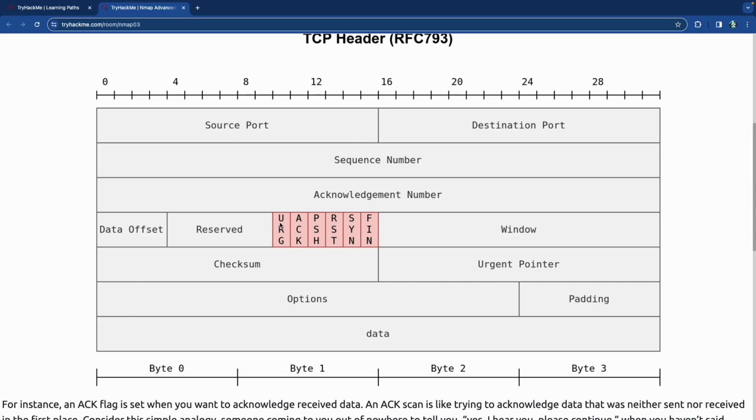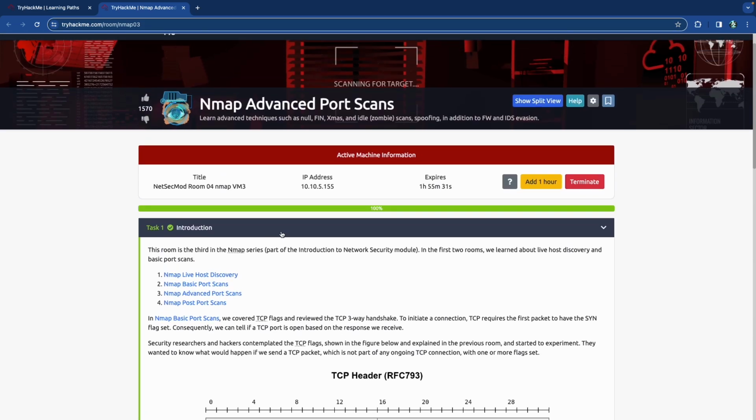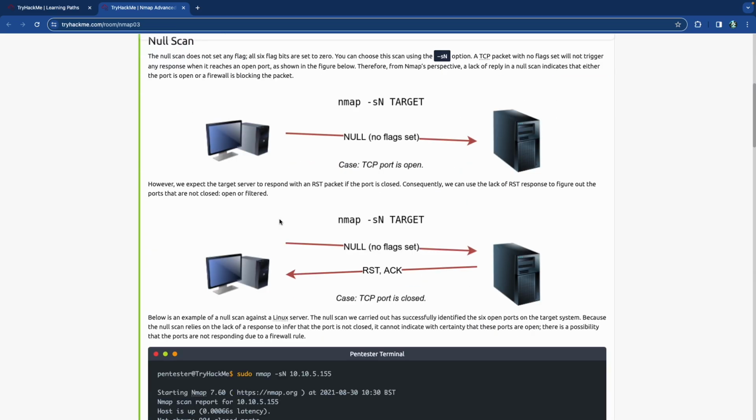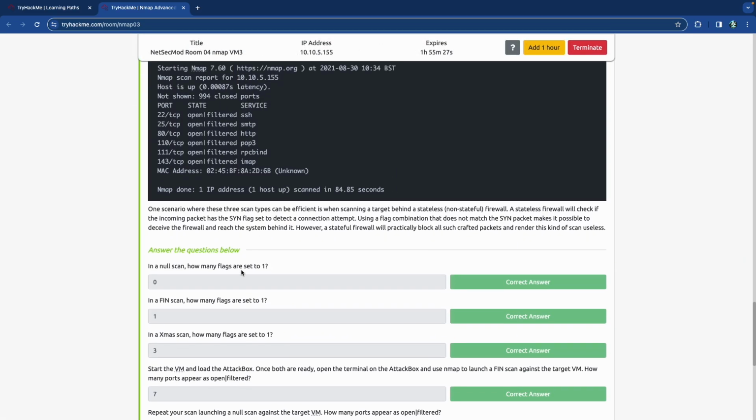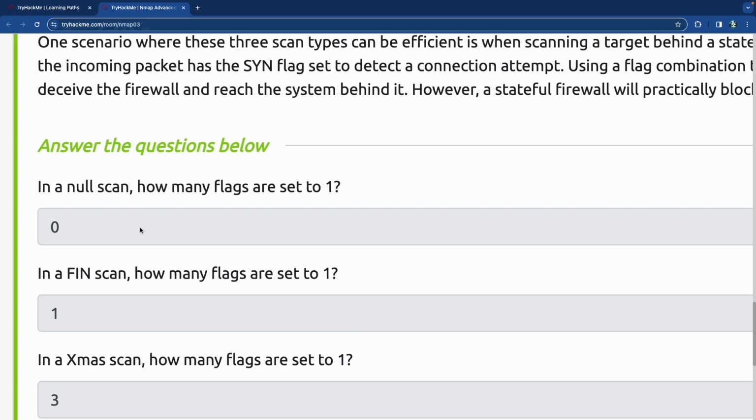If urgent is not turned on, it's either going to be blank or it's going to have a value of 0. But if it is turned on, it's going to have a value of 1, which means it is 1 bit. That's what it means when they say if it has a value of 1 or if it doesn't, which is what this question is asking. So in a null scan, how many flags are set to 1? Which means 0.